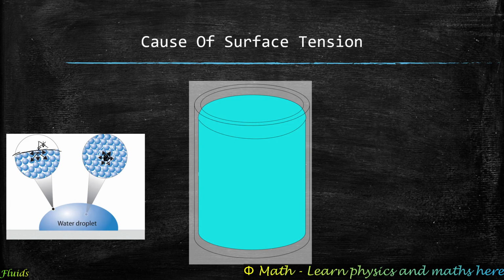This drop is being pulled in all directions. Because of this, this droplet is in equilibrium, but this one is not in equilibrium. This force and this force get cancelled, but there are no forces to cancel these forces. So that must mean that there is a net force acting on the ball, which will cause it to go inside the water and be replaced by another ball.